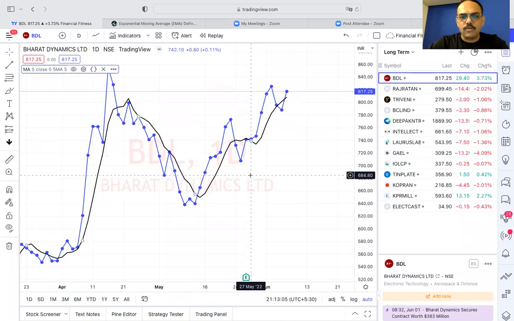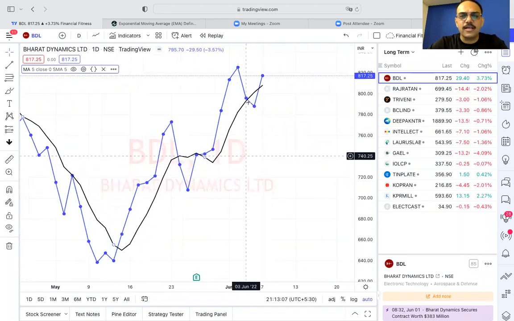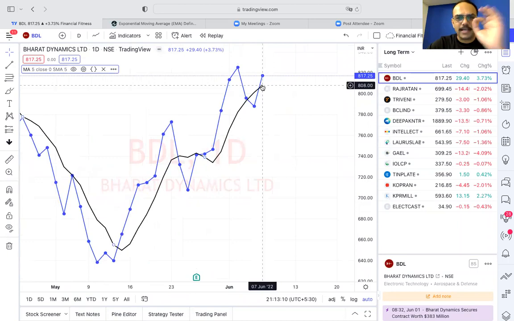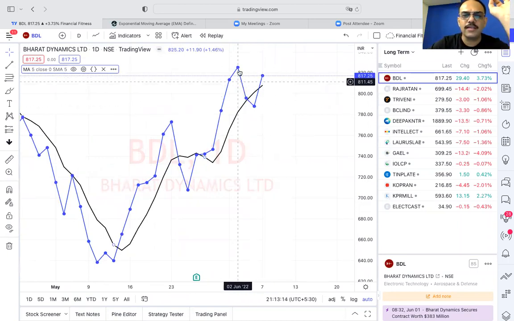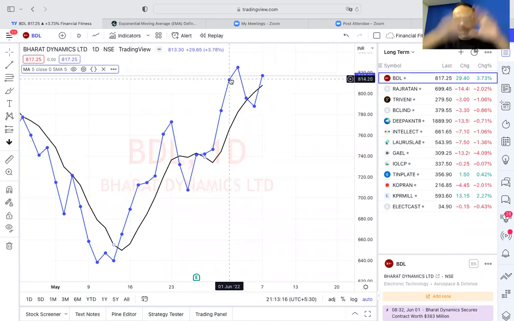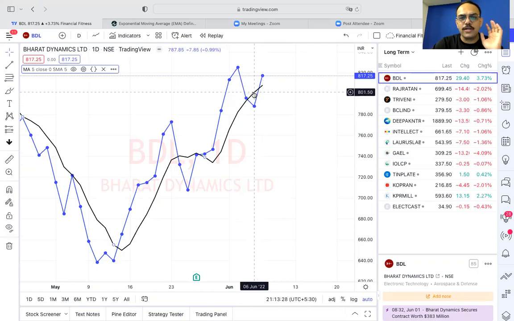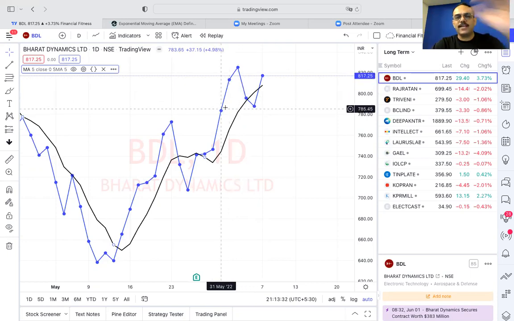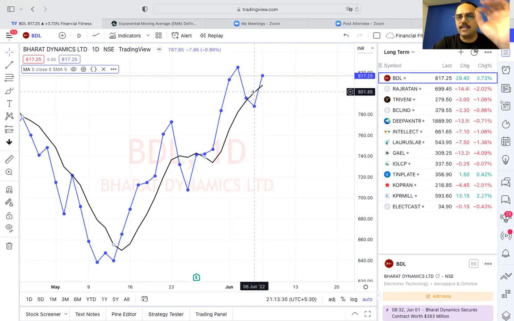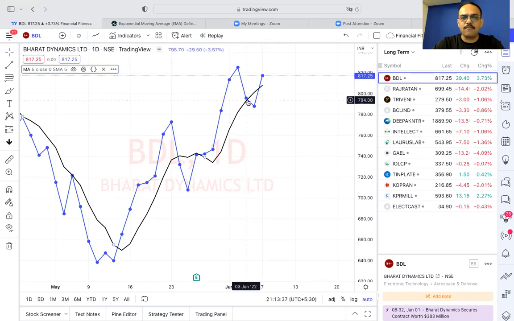Now, if you see how this line is drawn here, this point is calculated simply by adding 1, 2, 3, 4, 5, the 5 closing day values divided by 5, and you will get the value of this point here. Same way for this point here, it is calculated as a 5-day average and plotted here for this date.